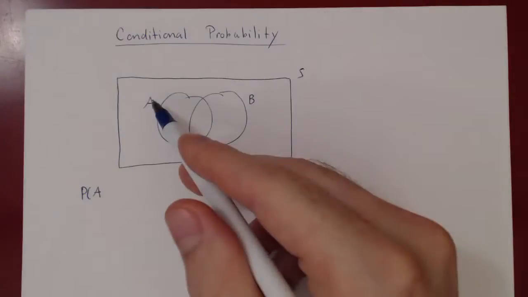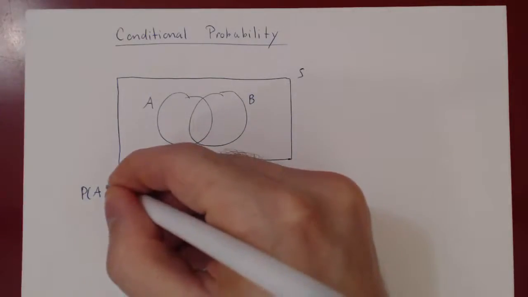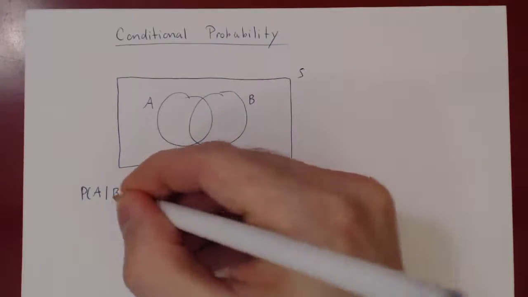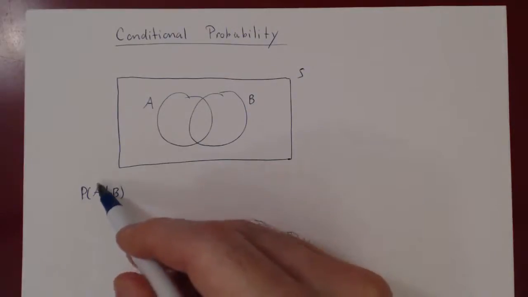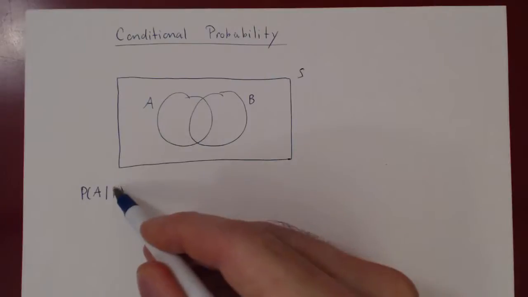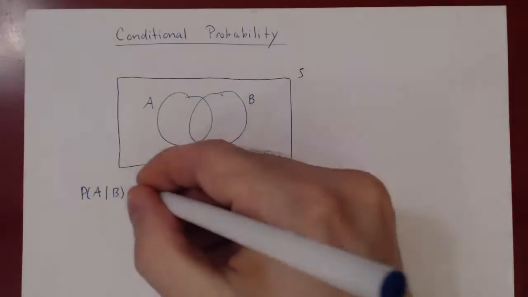That's called the probability of A given B, and we write P of A with a vertical bar and then B. So this means, what's the probability to observe event A given that we know that event B has already occurred? So the question is now, how do we compute this?